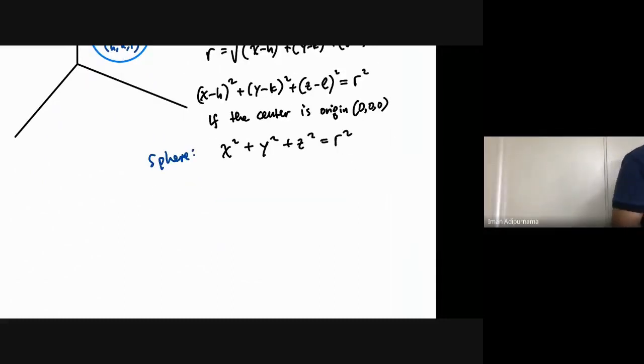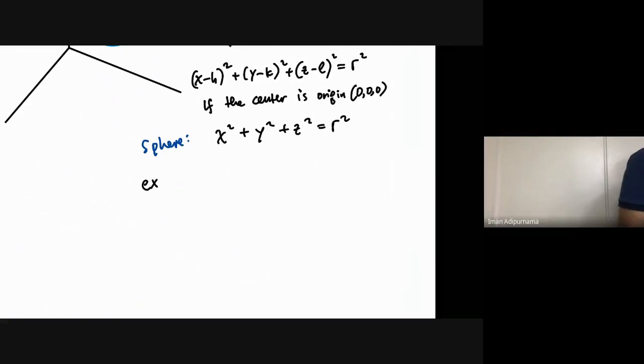Okay, let's see an example. If you have an inequality, 1 less than or equal to x squared plus y squared plus z squared, and less than or equal to 4. So let's sketch the region.